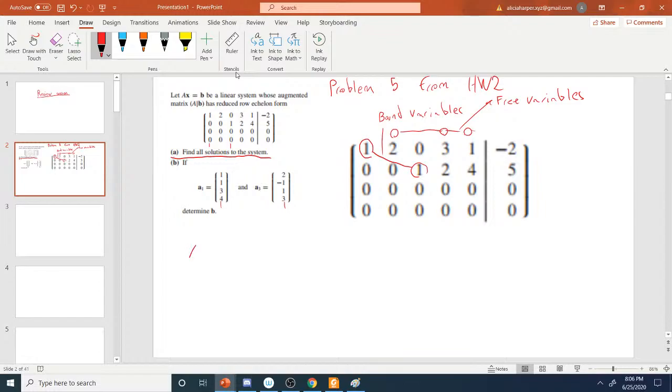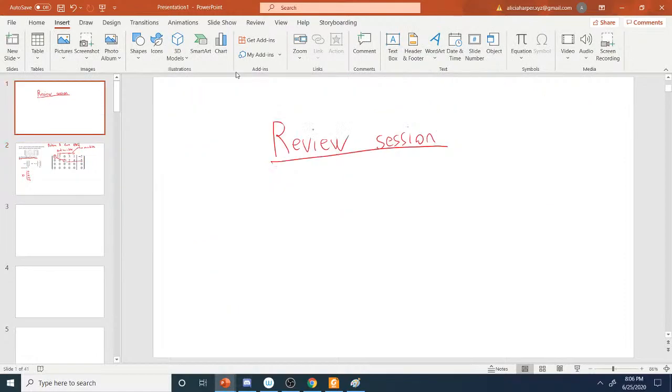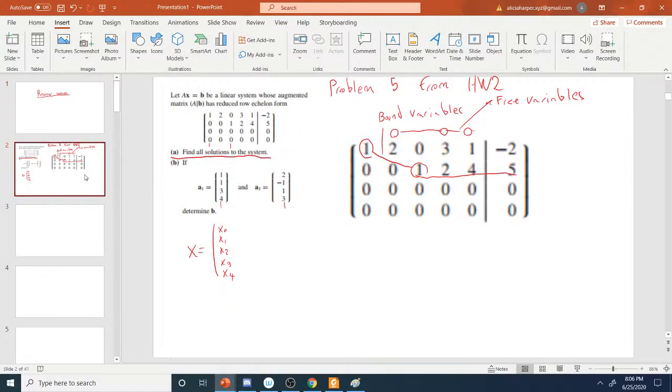Let's take our x vector here to have components x0, x1, x2, x3, and x4. Then this line of the augmented matrix corresponds to the fact that x2 plus 2 times x3 plus 4 times x4 is equal to 5.